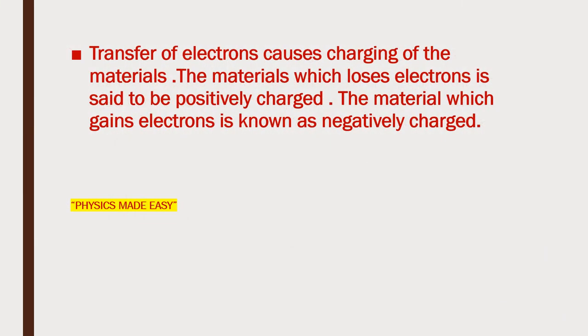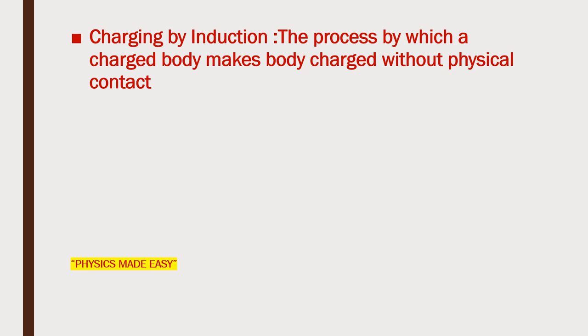In frictional electrification, transfer of electrons causes charging of the material. The material which loses electrons on rubbing is said to be positively charged. The material which gains these electrons is known as negatively charged.